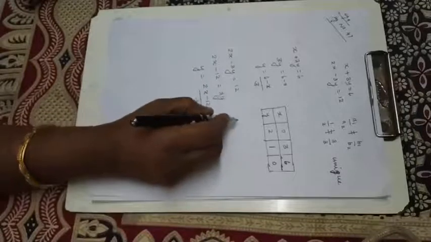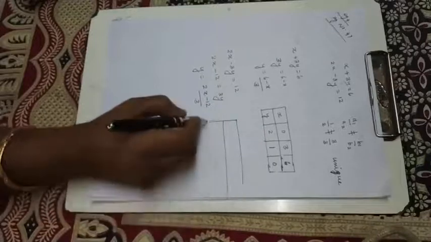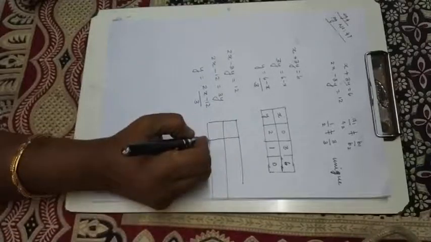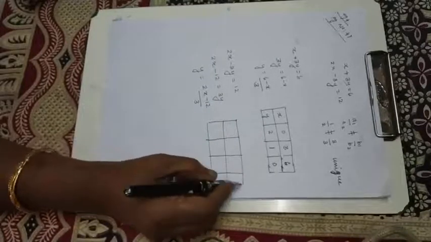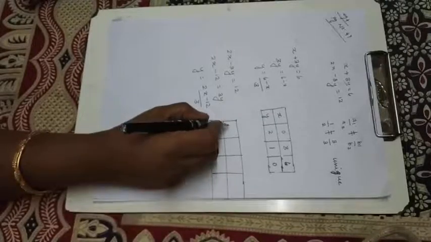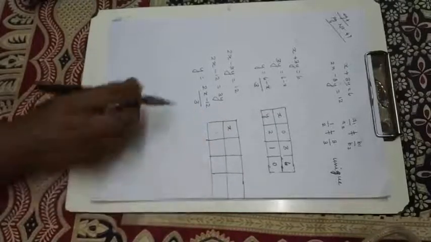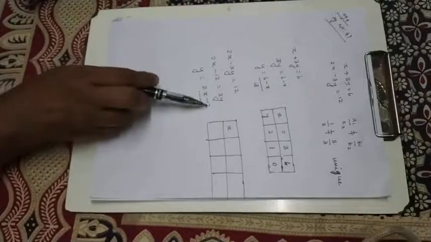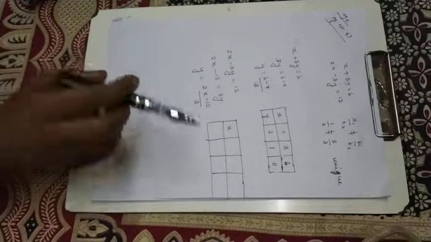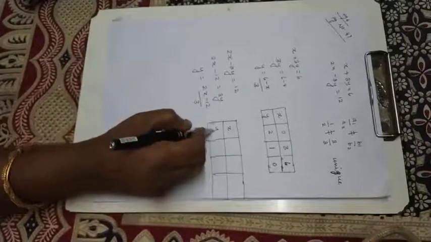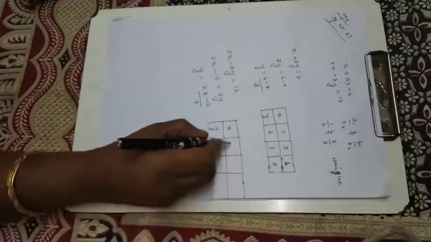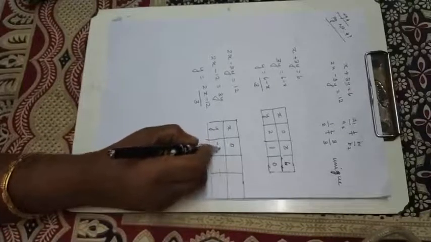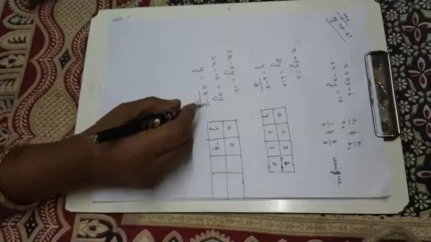Here also you put values for x and y. When you put x equal to 0, 2 into 0 is 0, so you will get minus 12 by 3, so y is equal to minus 4.